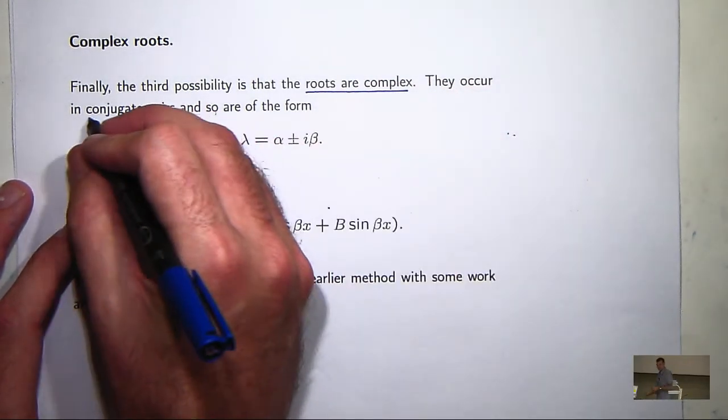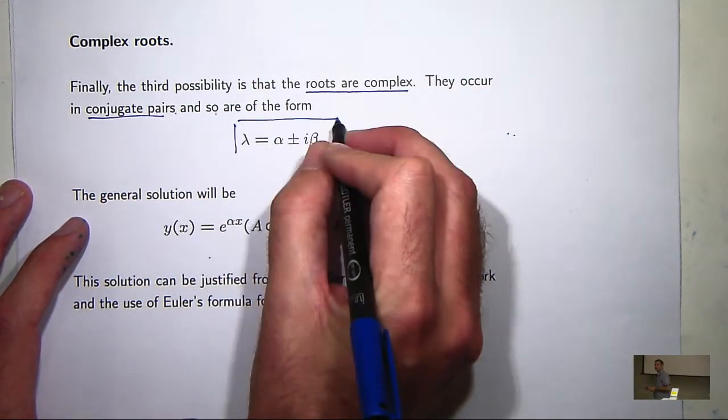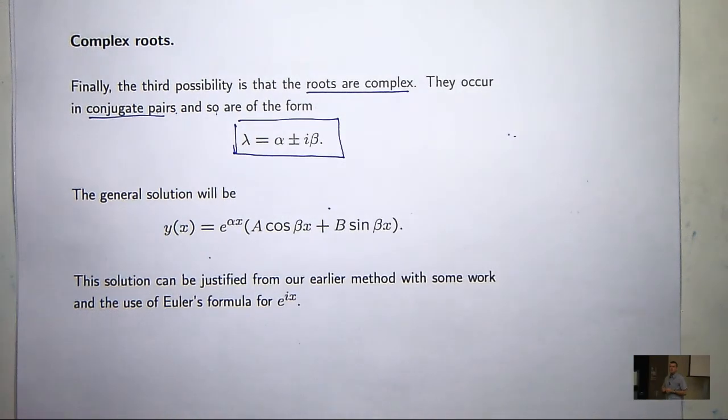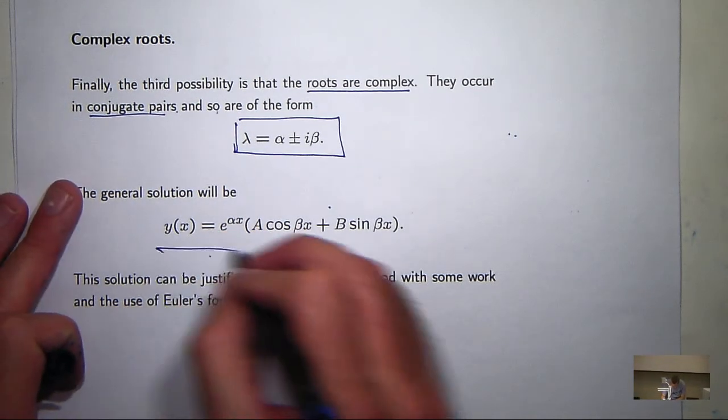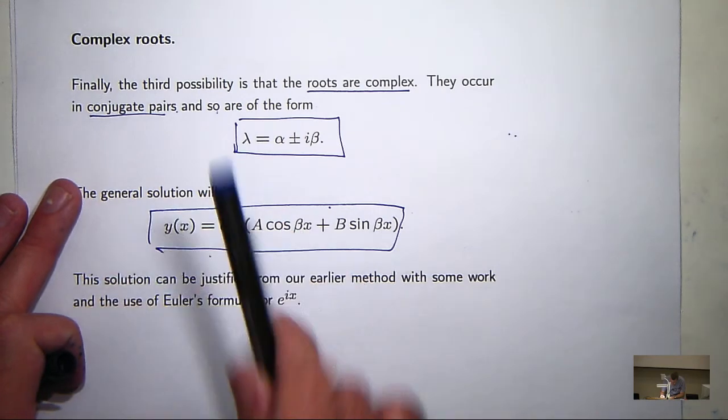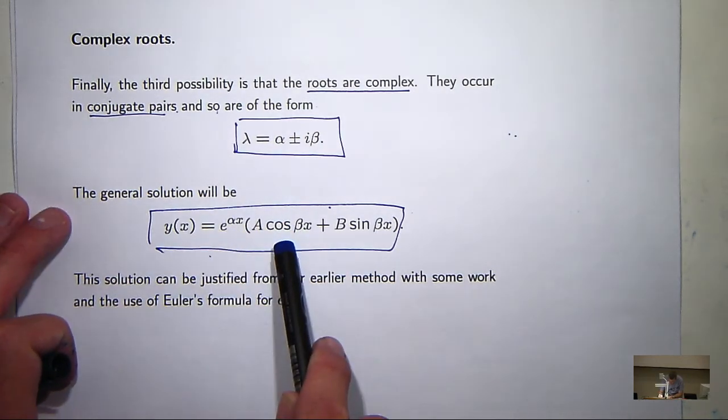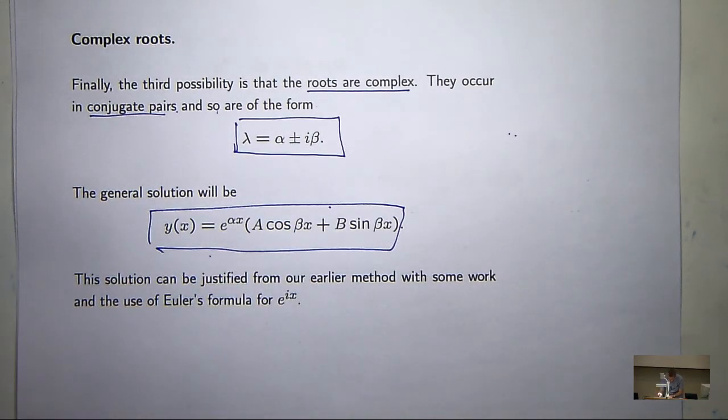In that case, the general solution is given by this. We've still got an exponential there, but a linear combo of cosine and sine. So I'm not going to justify that for you, but you can go back and use Euler's formula. It's actually not that difficult, but just remember you need an exponential function, but a linear combo of cosine and sine.